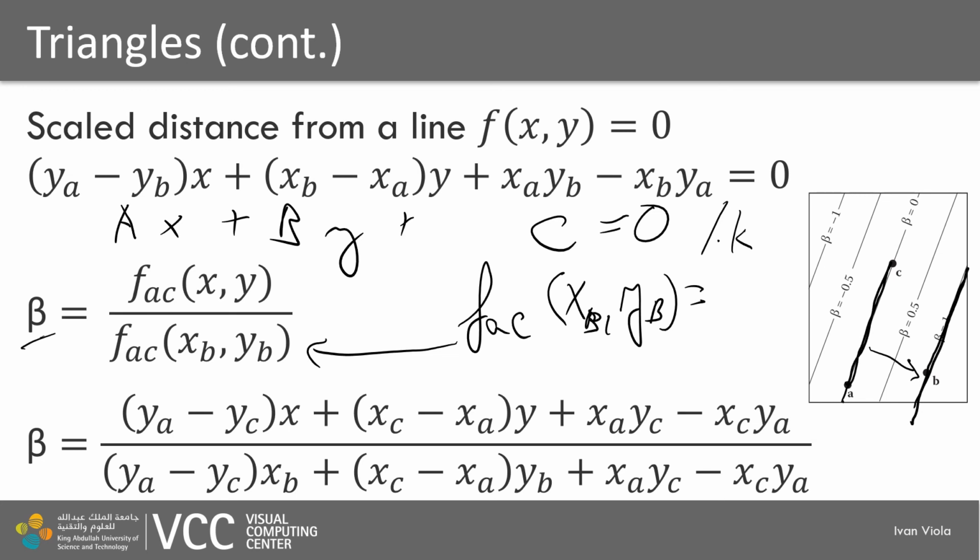Here once again the FAC is described in a more lengthy form for completeness, and its normalization with the factor coming from the functional value at the point B.